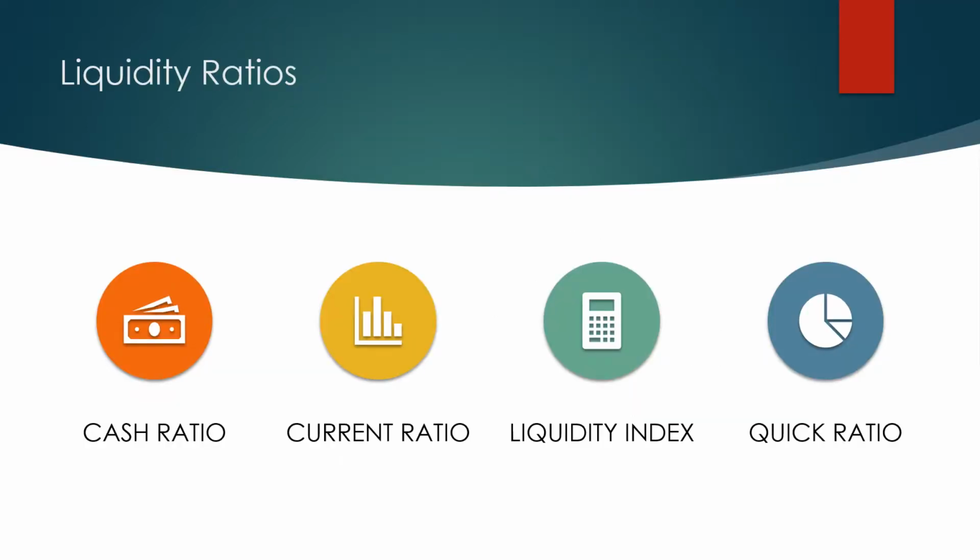The first of the financial ratios I'm going to talk about are the liquidity ratios, which evaluate the company's capability of meeting current obligations with the assets on hand. And these include the cash ratio, which measures the company's ability to pay the current liabilities from the cash and cash equivalents.